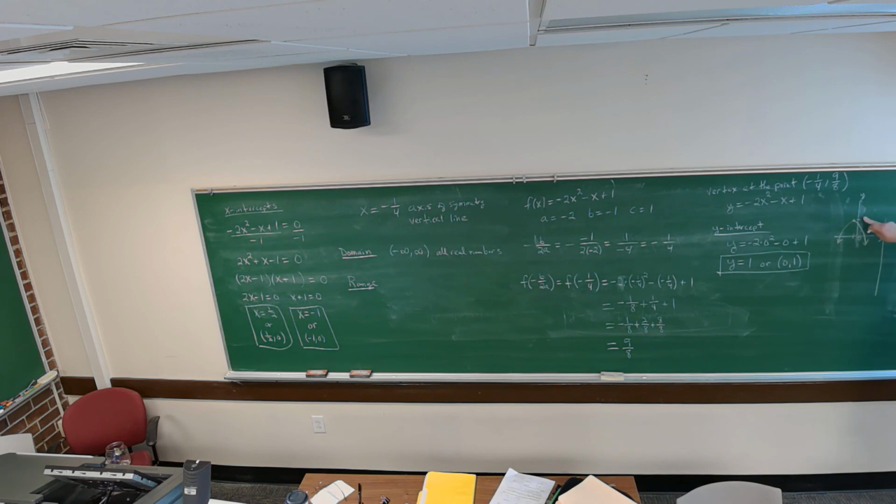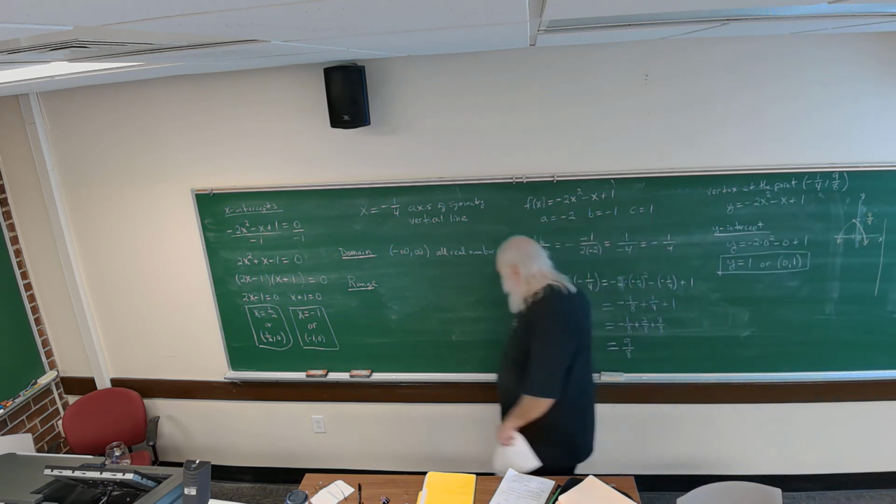There's a maximum y coordinate, and the maximum y coordinate is 9/8. But there's no minimum y coordinate because the graph goes down forever. So the range is from minus infinity up to plus 9/8. There's no y coordinate with a value greater than 9/8.